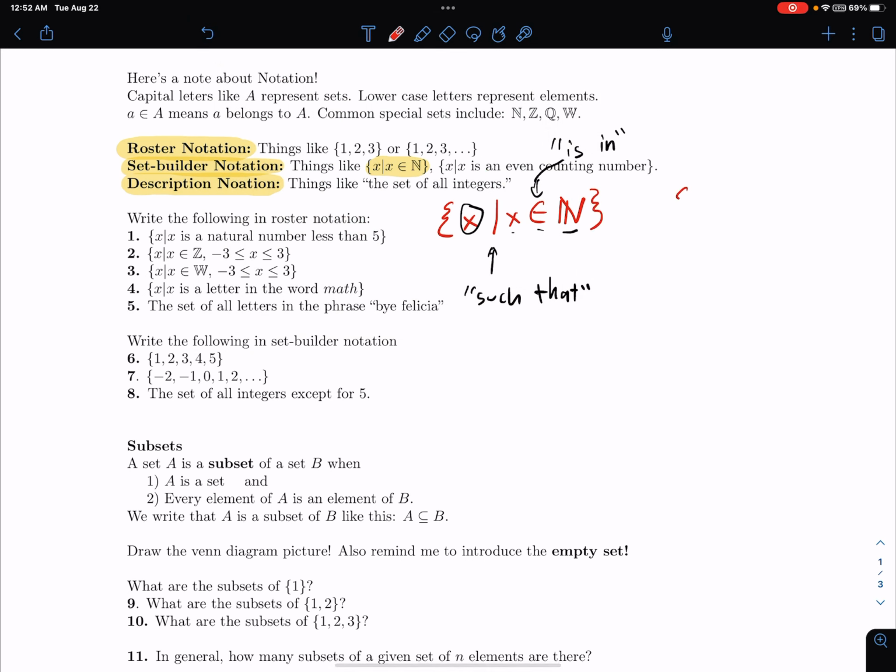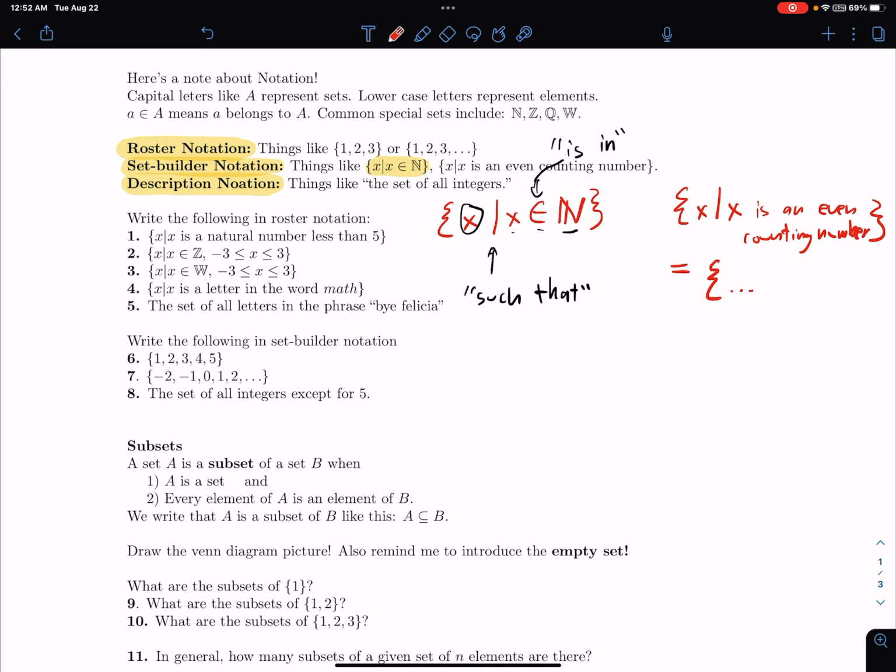Here's another example. All x such that x is an even counting number. And what would that be? If I was to change this now from set builder notation to roster notation, that would look something like this.